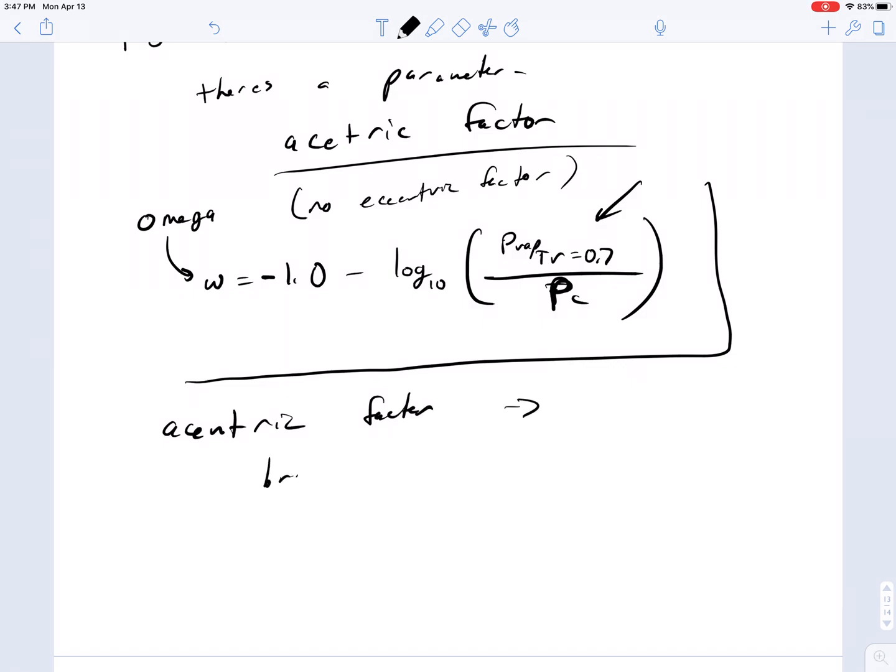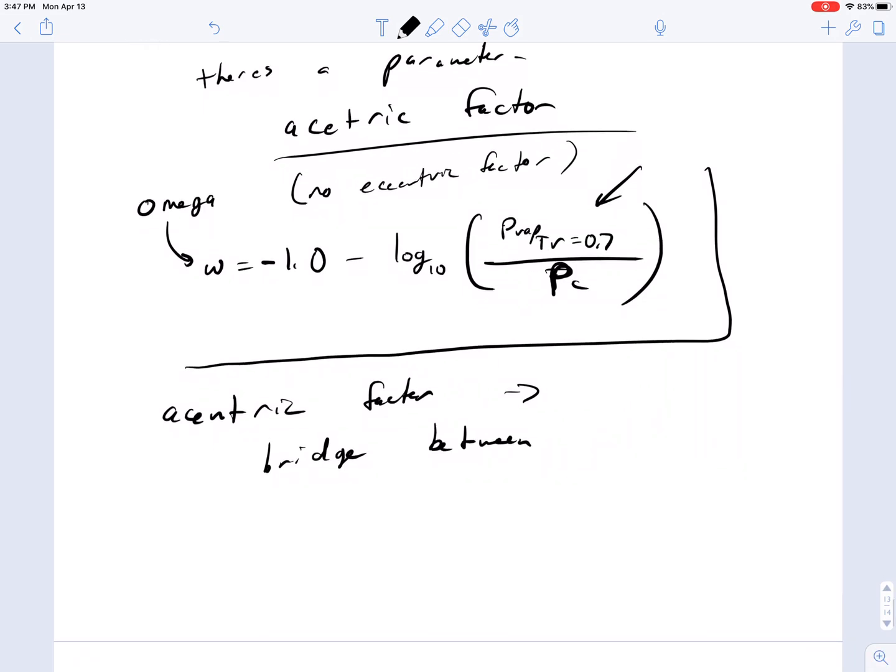It's like a bridge between microscopic and macroscopic properties of a material. So this can account for more nonlinearities in the 1-to-1 and 1-to-2 and whatever other kind of bonds is considered there.